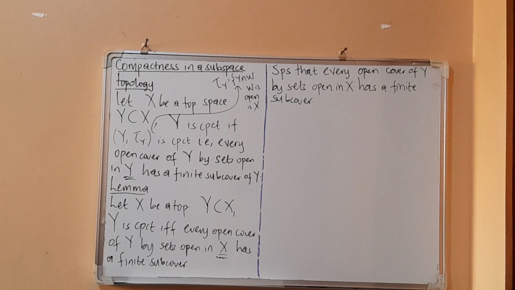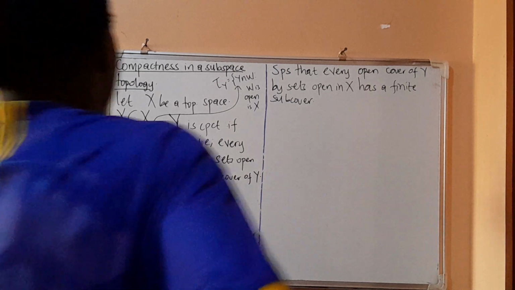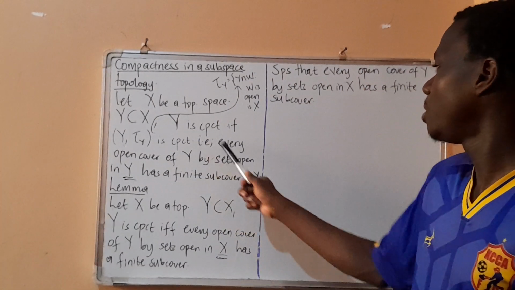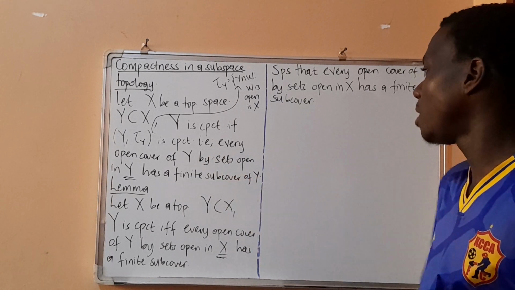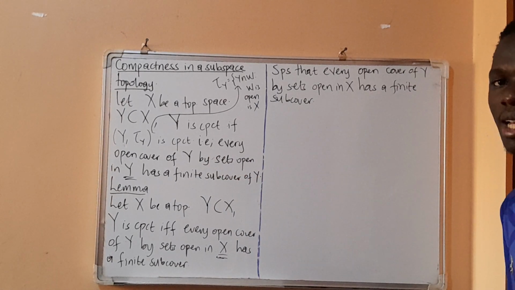If we want to show that Y is compact, by definition, for Y to be compact we have to show that every open cover of Y by sets open in Y has a finite subcover.